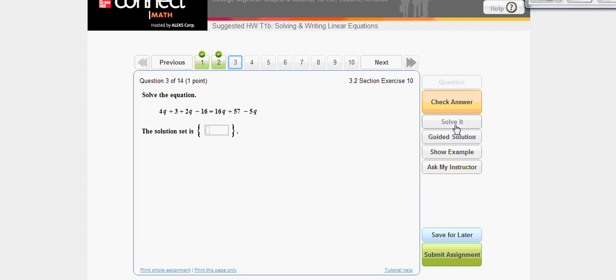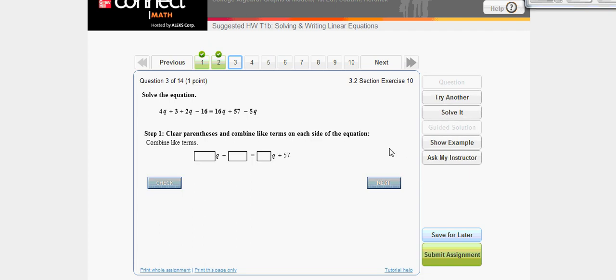You have solve it and you have show my example, but the guided solution, I'm really starting to like this one. The reason that I really like this one is because it says clear parentheses and combine like terms. So step number 1. Well, there aren't any parentheses, so they want us to put our like terms together. On this side I have 4 Q's and I have 2 Q's, which gives me 6 Q's.